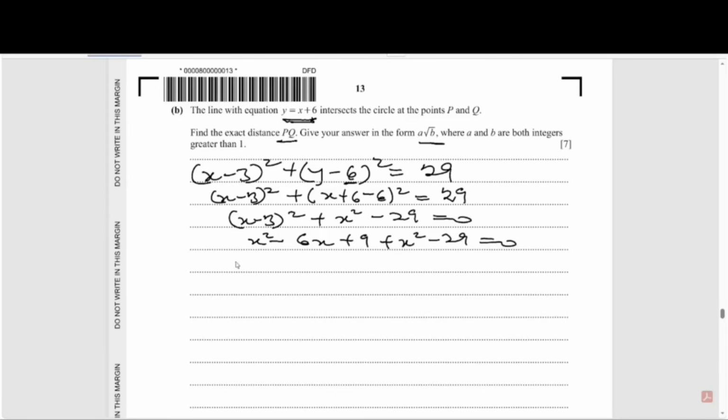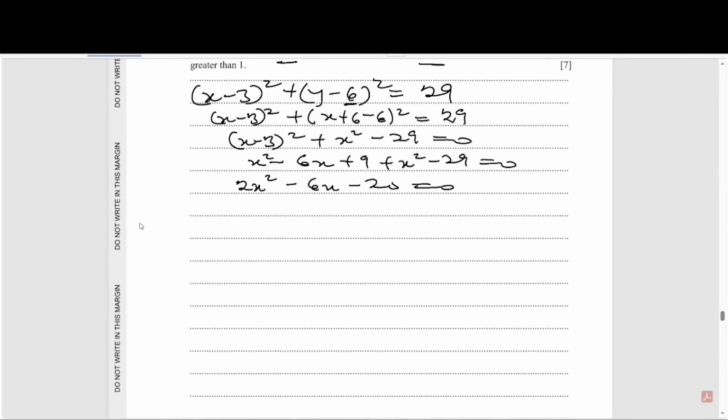Now we simplify, we get 2x squared minus 6x minus 20 is equal to 0. So you can factorize it straight ahead, or you may want to divide through by 2 so that you reduce the coefficient. I'm going to divide through by 2 so that we have x squared minus 3x minus 10 is equal to 0.